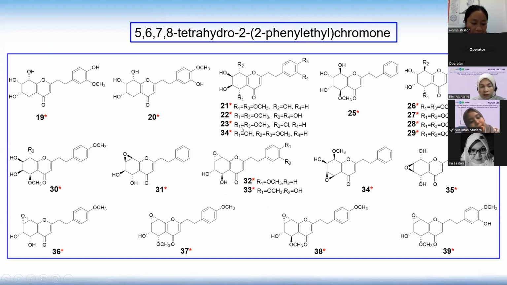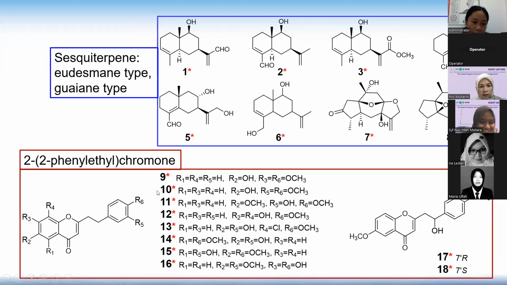And the third type is 5,6,7,8-tetrahydro-2-(2-phenylethyl)chromones. Actually, this structure is similar to before.